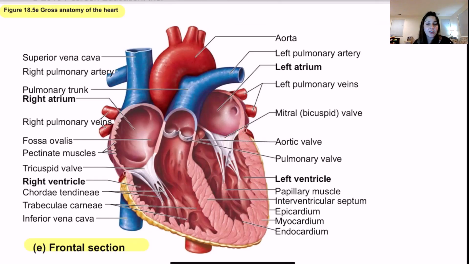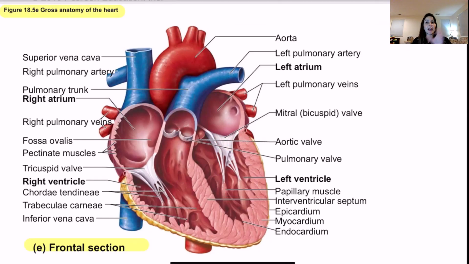And notice that the atrium and the ventricles are separated by this wall, by this wall, by this wall. So everything is separated, but what's connecting them are these areas with valves.